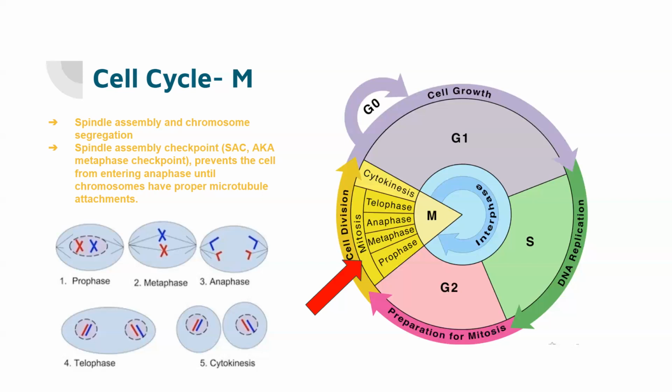But I would suggest that you have some sort of initiative to try to memorize the steps. Even if you don't memorize what every step does 100%, have it in your mind that it goes pro, meta, meta, ana, and then telophase, cytokinesis. It helps, especially if you're rushing through the exam, under pressure, having to finish, with all the different thoughts in your head, and maybe you're blanking out because that's how the human brain goes during exams.